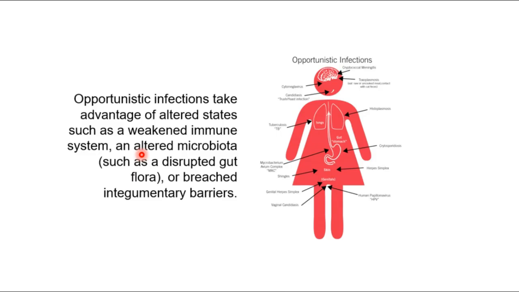A lot of infections are opportunistic. If you're stressed out, if you have a weakened immune system for some reason, whether it be an immunodeficiency or medications that suppress your immune system, or just a state of stress where cortisol is high and suppressing your inflammation response, that would make you vulnerable to opportunistic infections.